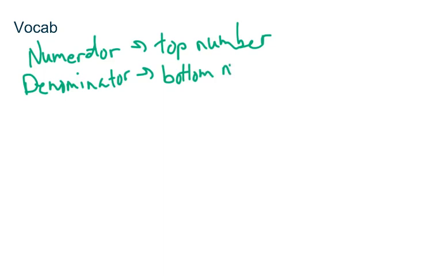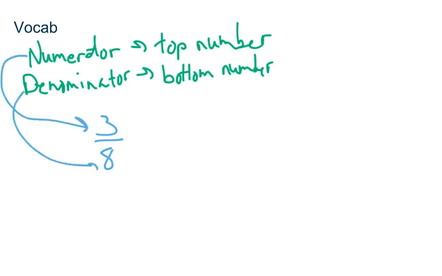And these terms come into play as we start to talk about how to perform operations with fractions. So let's look at a fraction. Let's say we have 3/8. The point I want to make here is that the numerator is 3 and the denominator is 8.